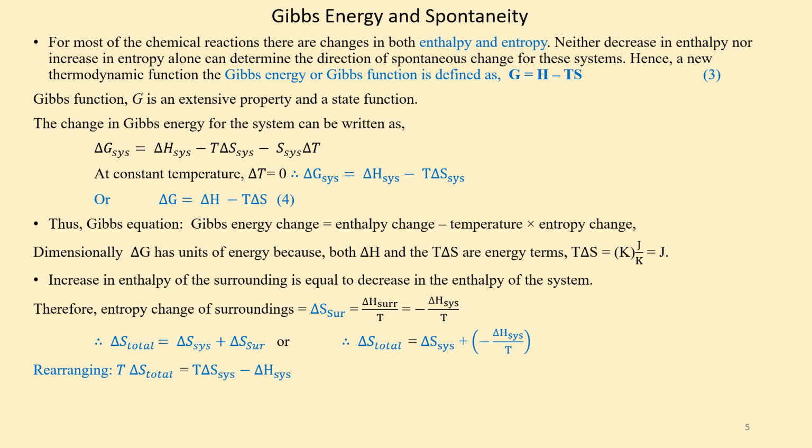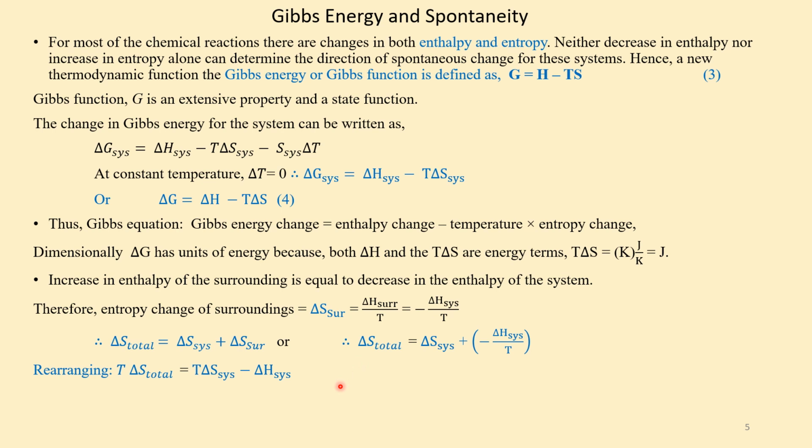Therefore, entropy change of surroundings, delta S surroundings, is equal to delta H surroundings divided by T, that is equal to, because enthalpy decreases, minus delta H system divided by T. This is nothing but the enthalpy increase of the surroundings being equal to the decrease in the enthalpy of the system.